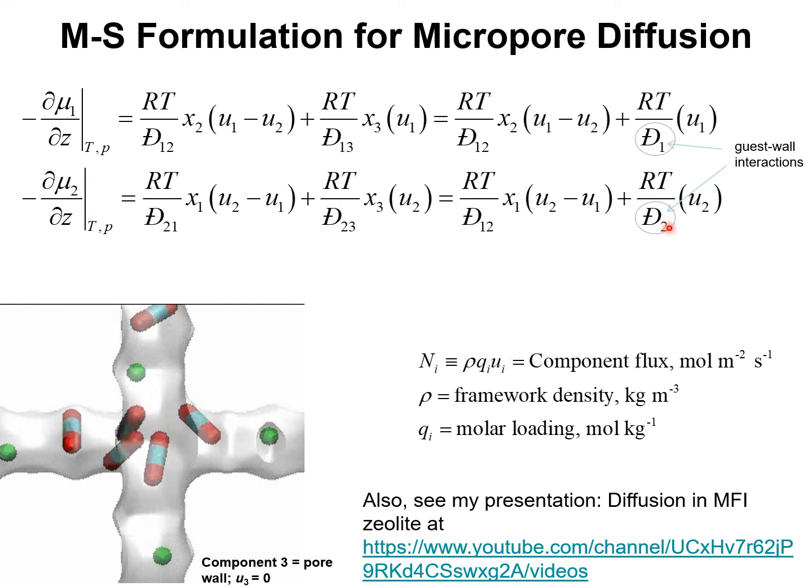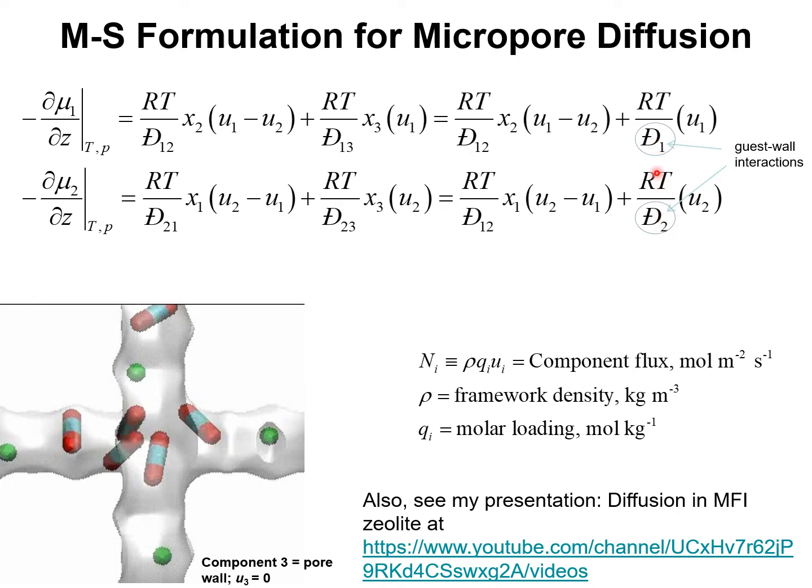Similarly, we define D2 as the diffusivity that reflects the interactions species 2 experiences with the pore wall. Due to the Onsager reciprocal relations, D21 equals D12, and therefore for binary diffusion inside micropores, there are three diffusivities.